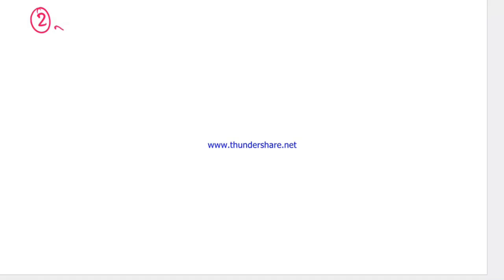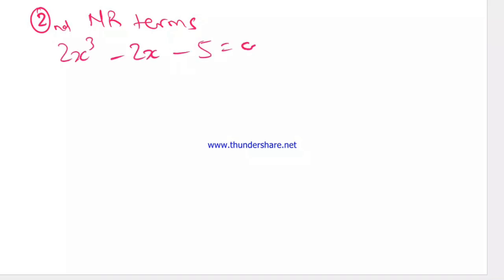So the second step is to compute the Raphson terms. You remember the equation is 2x cubed minus 2x minus 5 equals 0. And the Raphson formula is xn plus 1 equals xn minus f of xn all over f prime of xn.